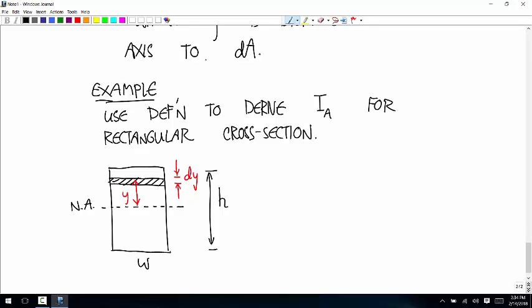Then what's the area of that strip? dA is W dy.